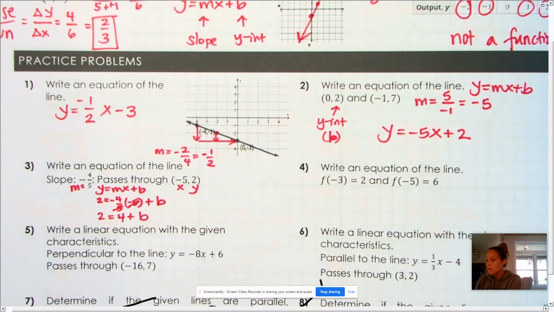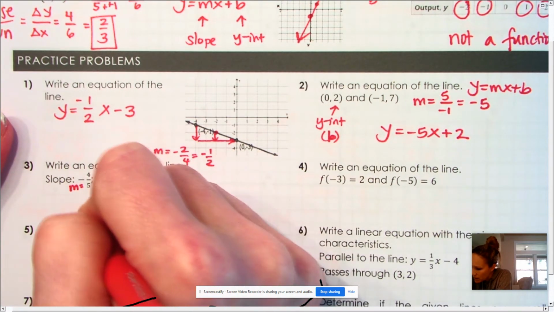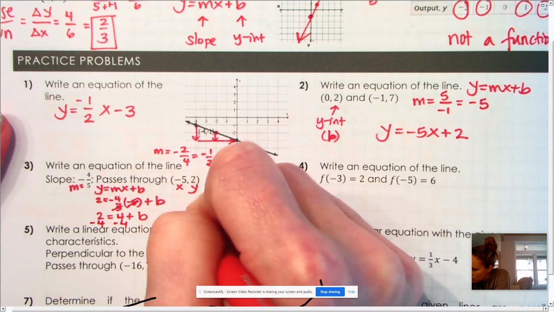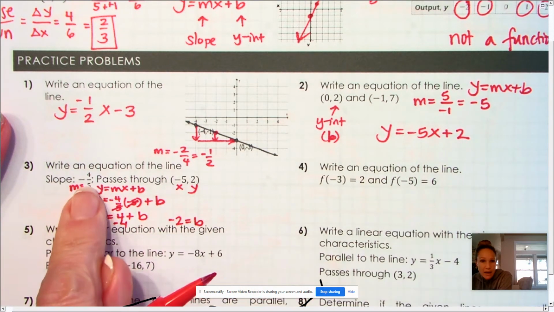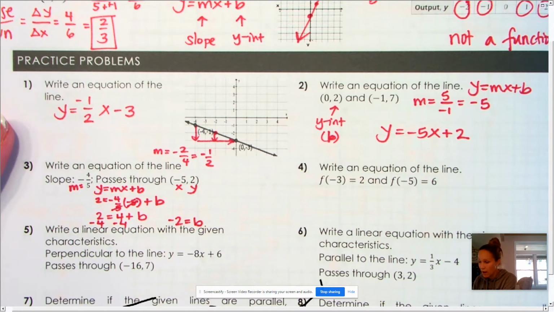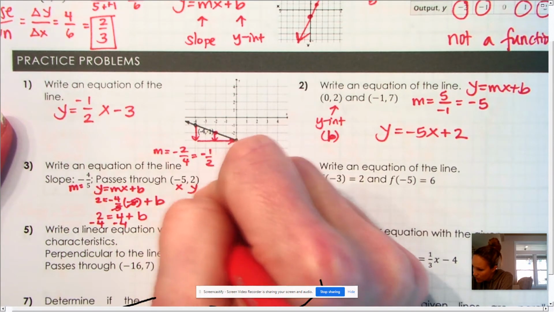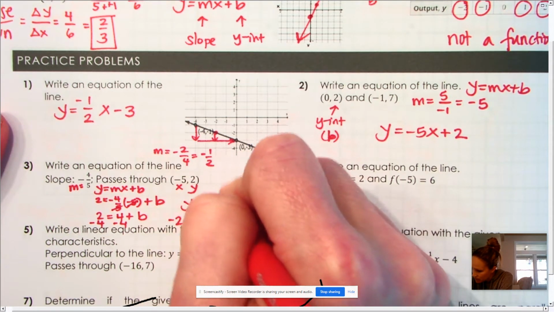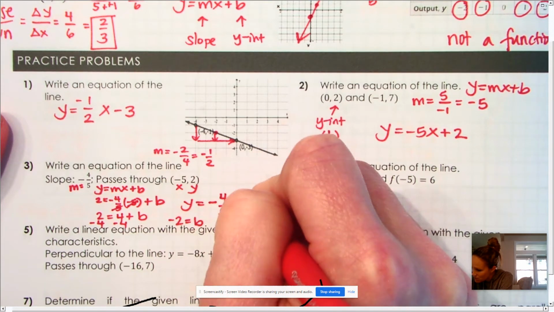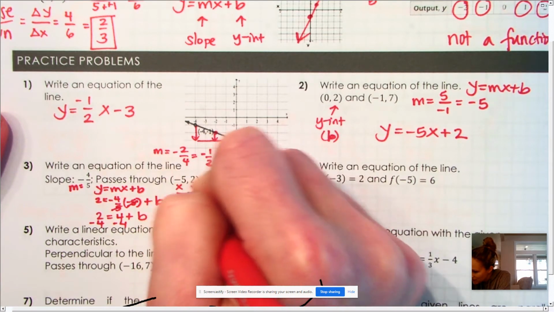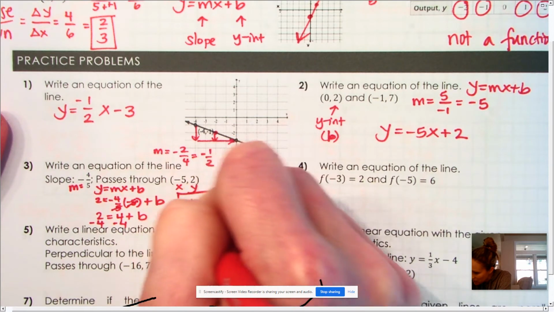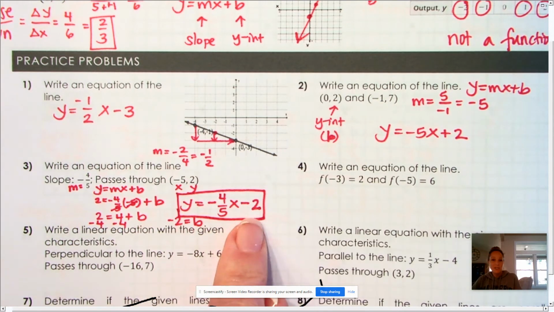If I want to get b by itself, I just subtract 4 on both sides. So I get negative 2 is equal to b. We already know m, so now we have enough information to write our equation. So y equals mx plus b. And remember that when b is negative, instead of writing plus a negative 2, it's a little bit better just to write minus 2.